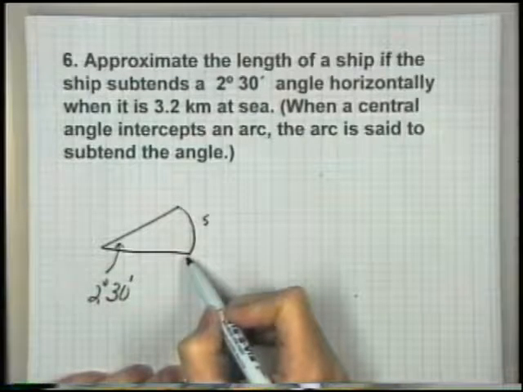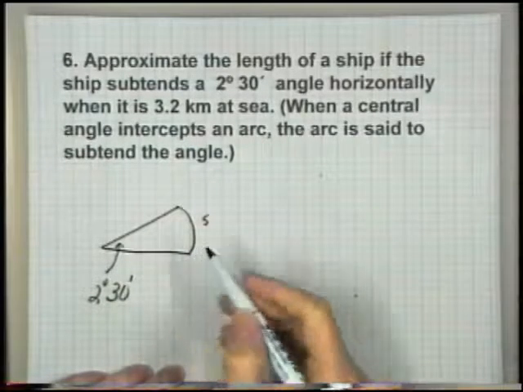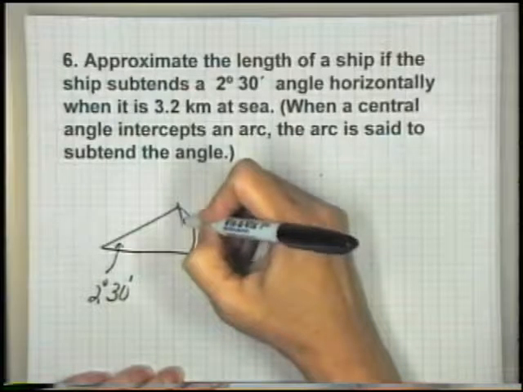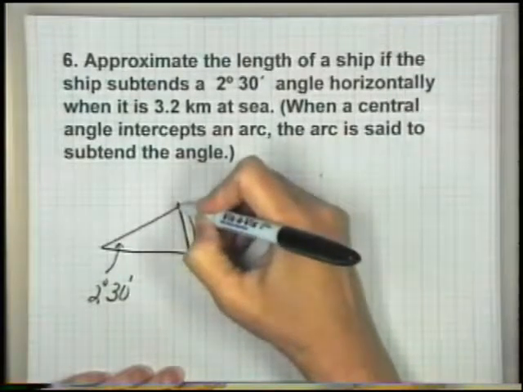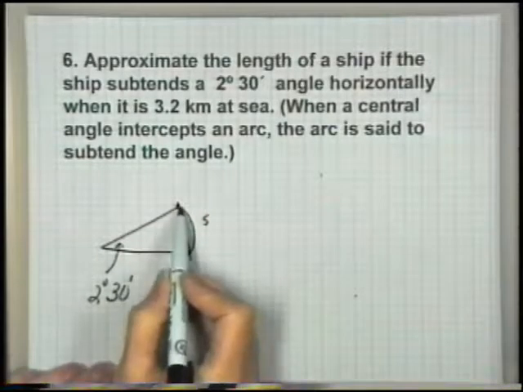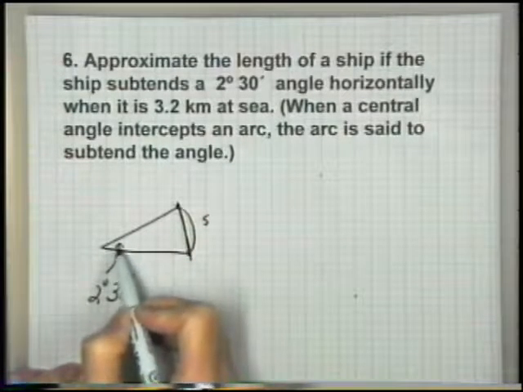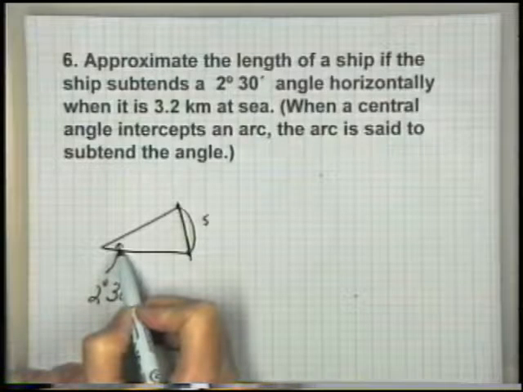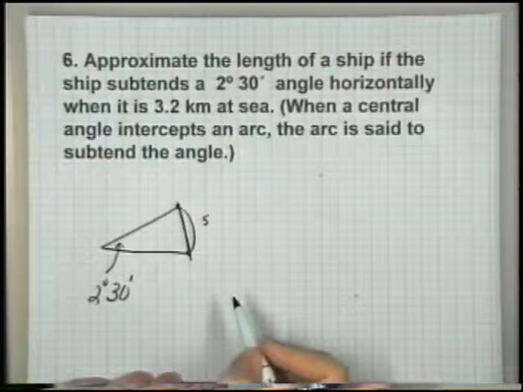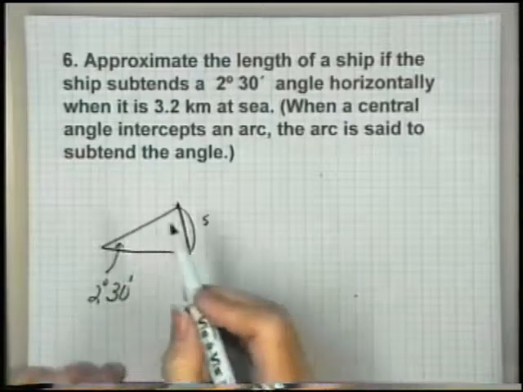But truly, ships aren't curved like that. They're straight. So truly, what the ship would do would be run from this point to this point. And so we want to find the length of the ship, but because this angle is fairly small, we can approximate it with the arc length.